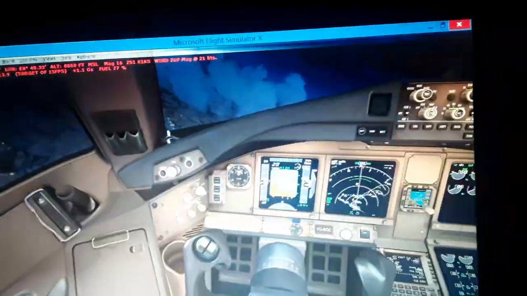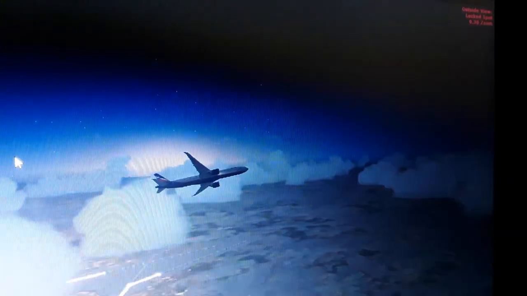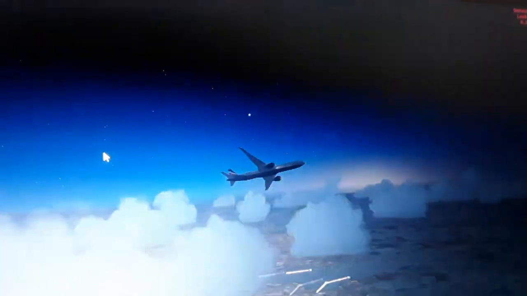So maybe we're gonna see the runway in a couple of seconds. So we can see, have some nice view over here at the side as we keep flying. Also the runway below us and some star sign.